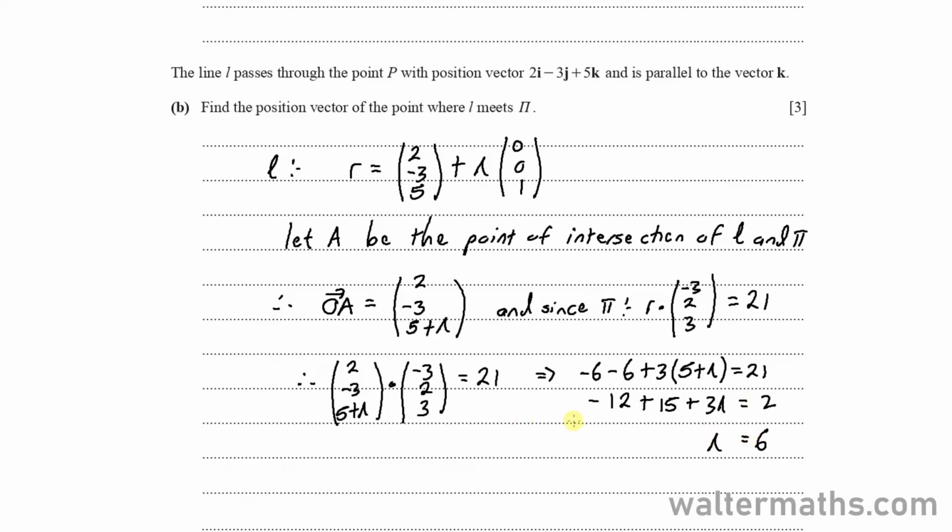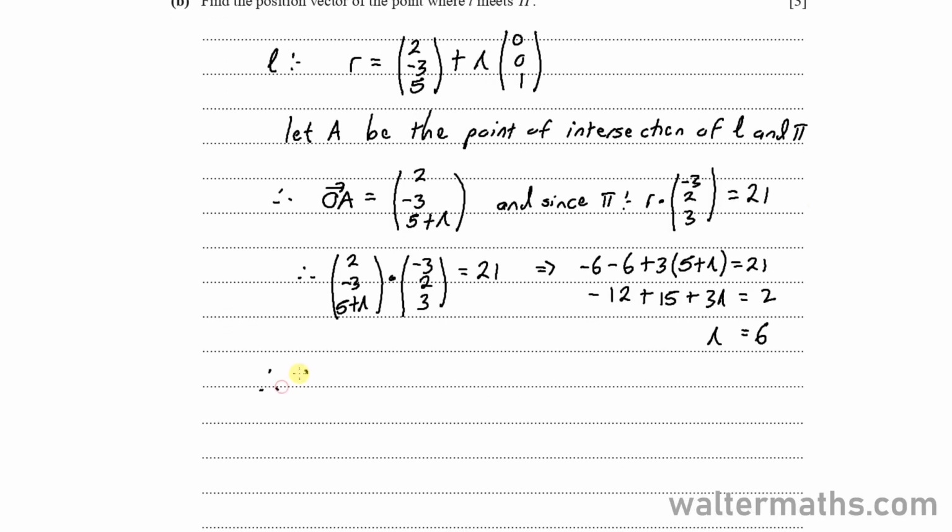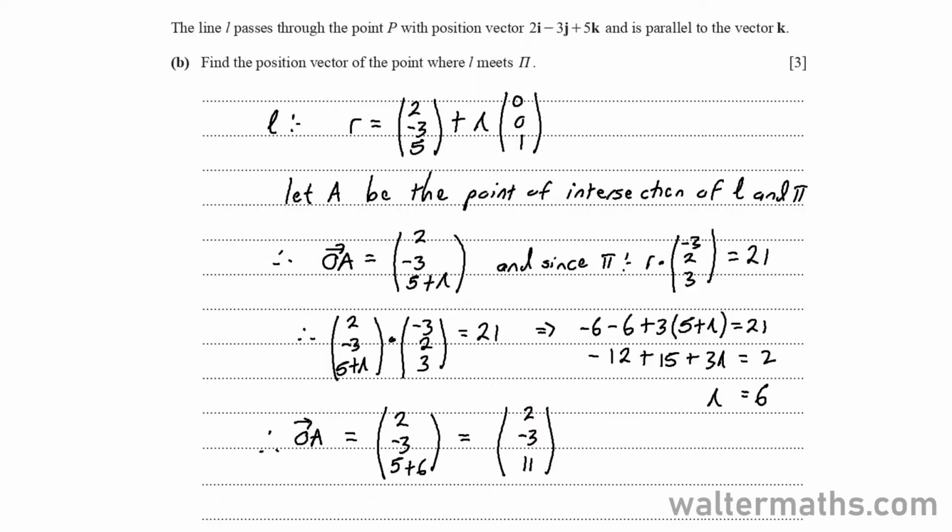So we now have the value of lambda, and therefore the position vector of A, that's OA, should be equal to, substituting 6 for lambda, 2, minus 3, and 5 plus 6, since it's 5 plus lambda. And this comes out as 2, minus 3, and 11. So that's the position vector of the point where L meets pi.